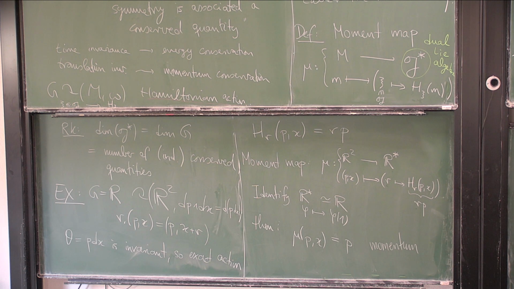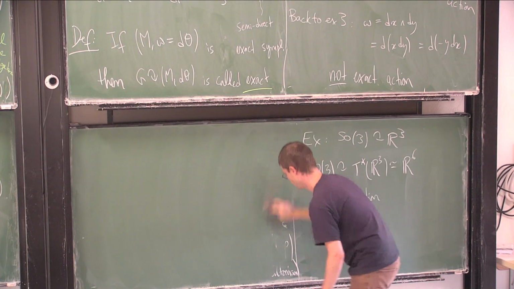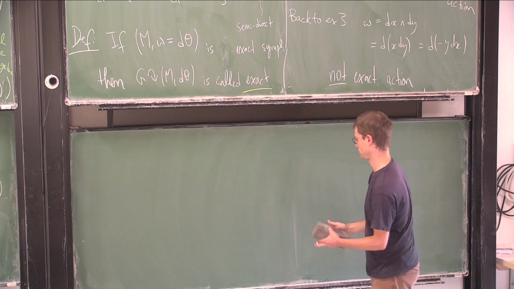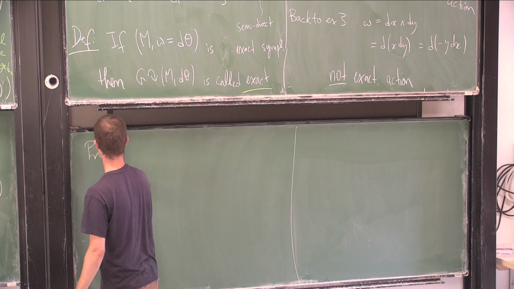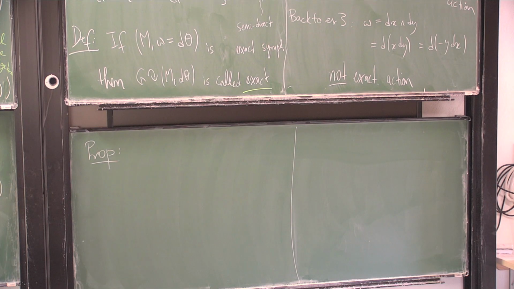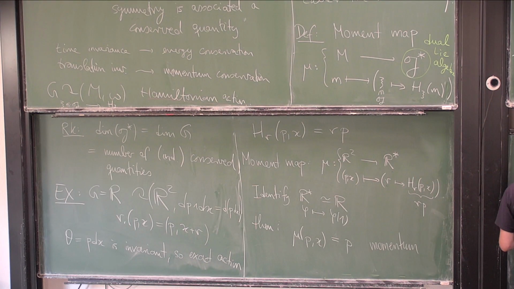So as I said, very often in physics you are on an exact manifold, as was the case here. And in this case, there's actually a nice formula for the moment map. The proposition will give you the formula of this moment map, the set of conserved quantities, in the setting of an exact action.